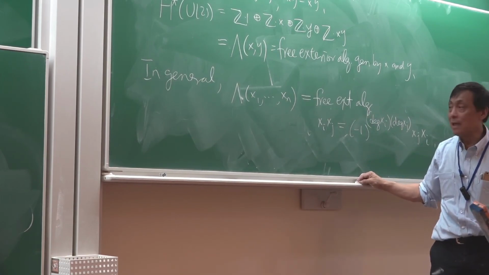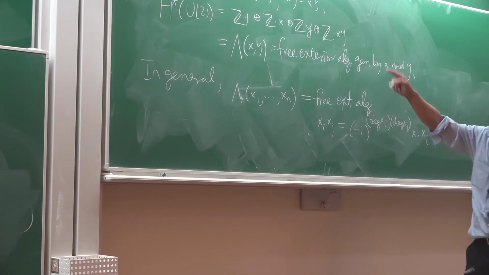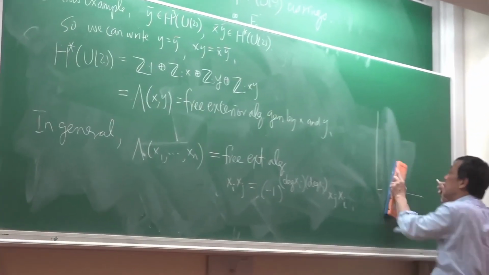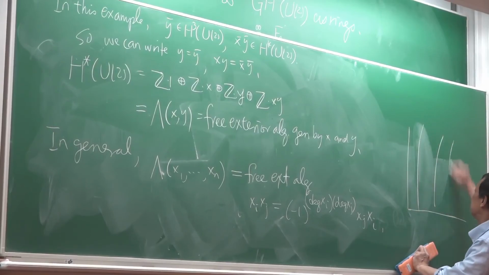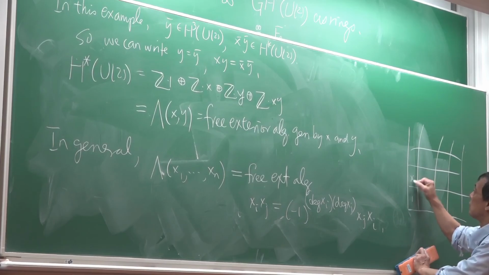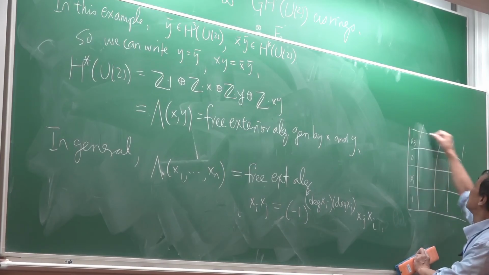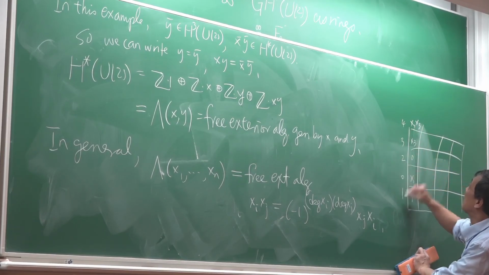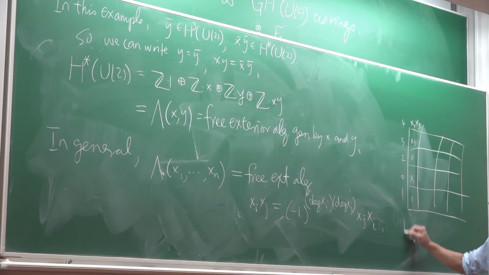Now you can generalize this example to higher dimensions. In higher dimensions, sometimes you get something like 1, x1, x3, x1x3, say in degree 4. To figure out where this goes, you use the fact that d is an antiderivation.